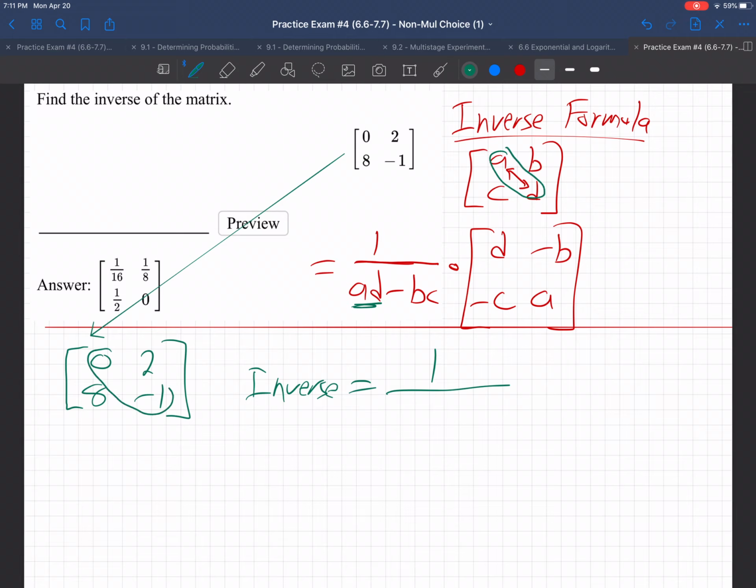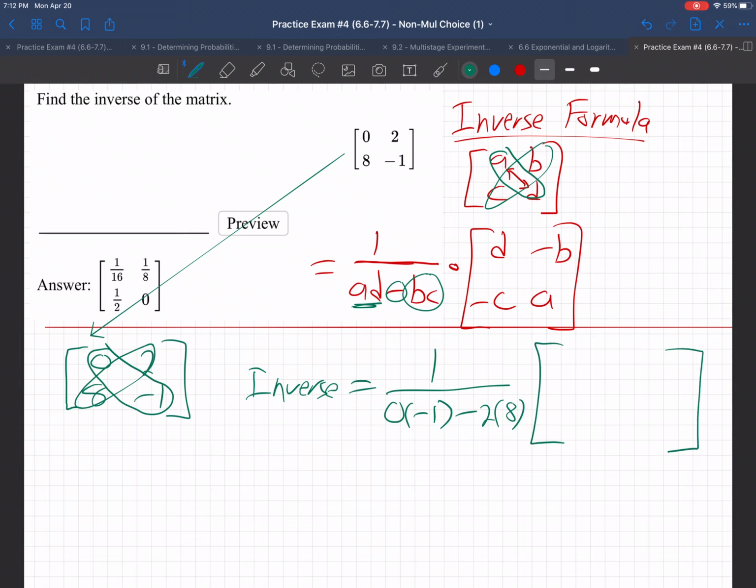So the main diagonal multiplied, that's 0 times negative 1 minus B times C, which is the other diagonal, B times C, 2 times 8. So it's all about diagonals. It's the main diagonal multiplied minus the other diagonal multiplied, times the matrix.